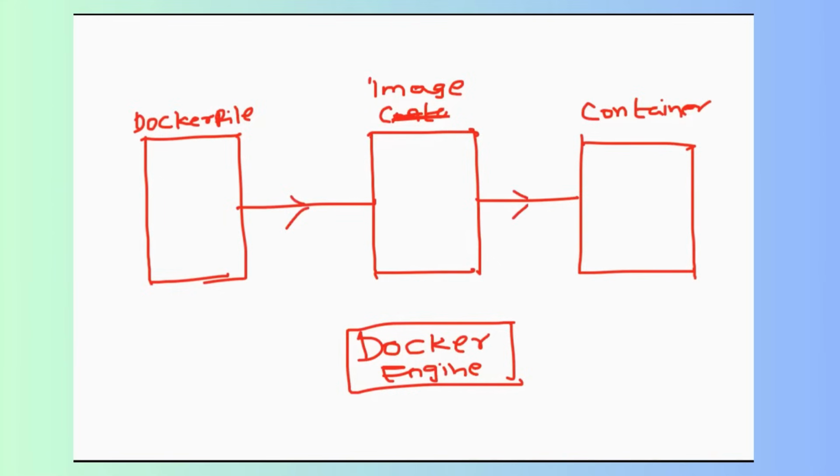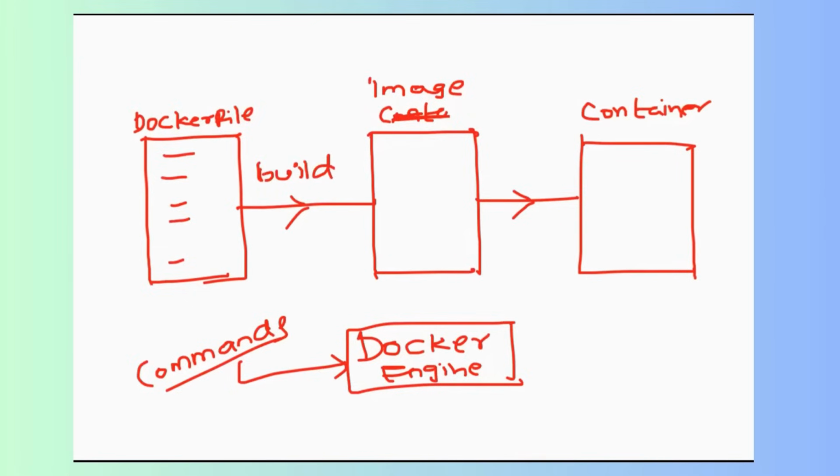To convert from Dockerfile to Docker image to Docker container, you submit your Docker commands to this Docker engine and it will create all of these things. Just for your reference, to convert from Dockerfile to Docker image you'll use a command called docker build, and to create a container out of an image you will use a command called docker run or exec, but just consider docker run. This way you can go from Dockerfile to image and from image to container. This is the life cycle of Docker.